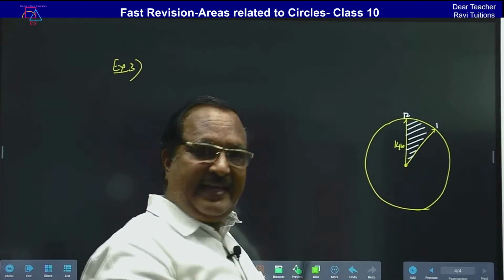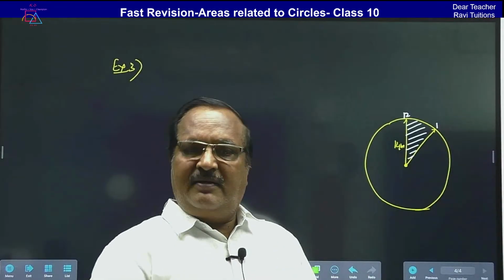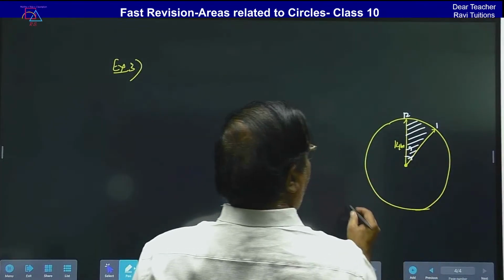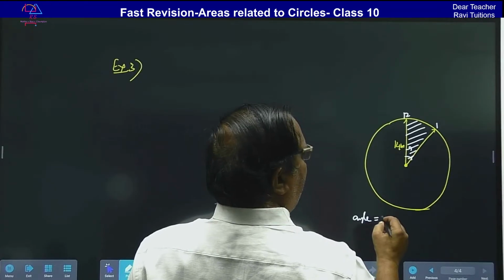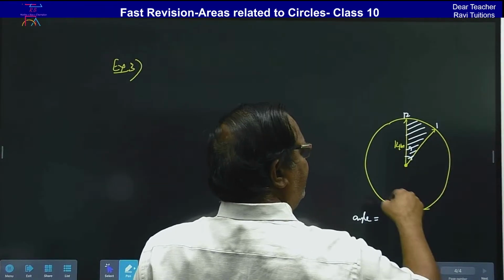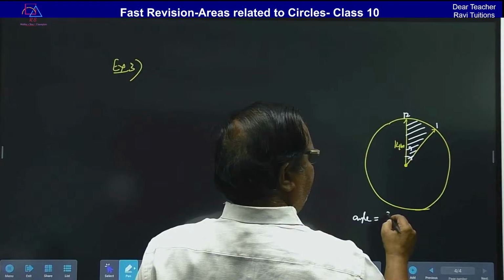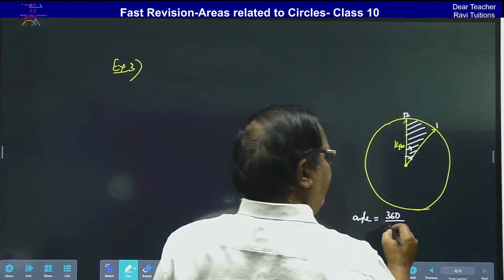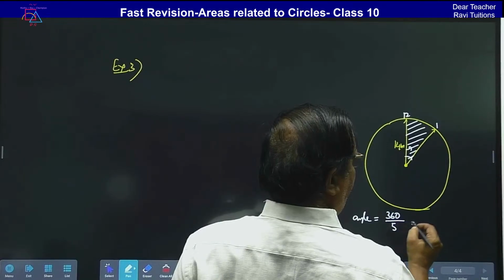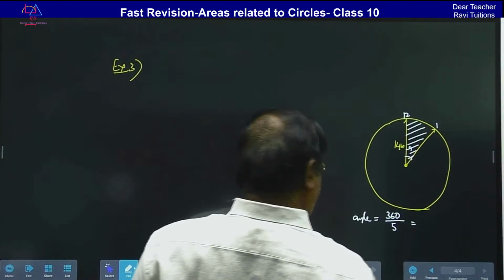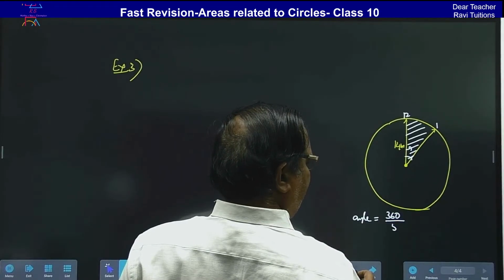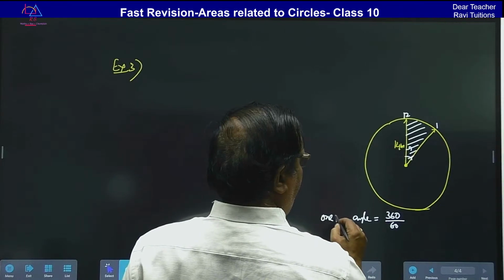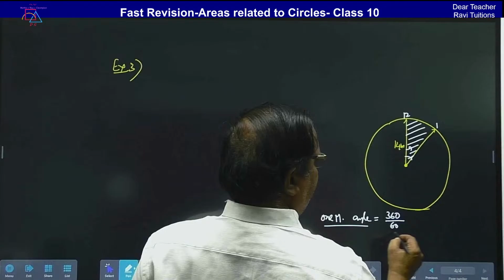So this is nothing but a sector, right? Very important question. Now we have to find this angle. One complete revolution is 360 degrees, so 360 by 60 gives the angle for 1 minute, which is 6 degrees.